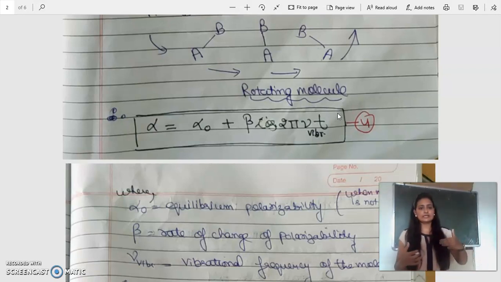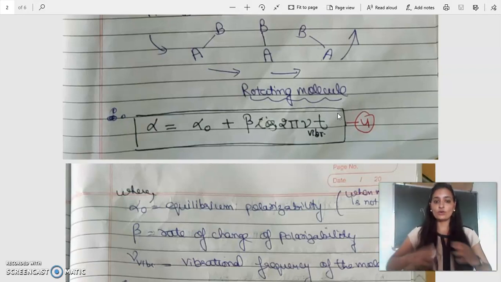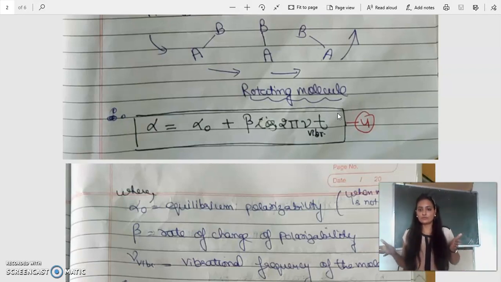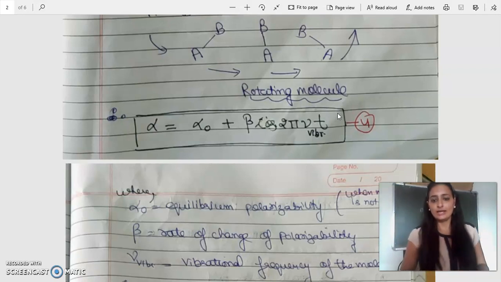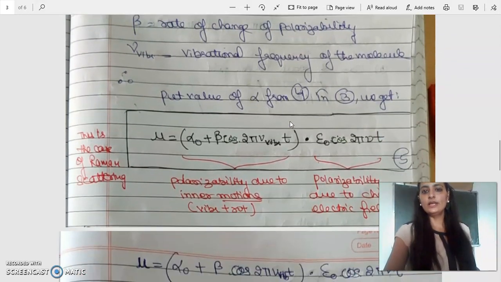As soon as the oscillating electric field hits the molecule, it starts vibrating, and that change of polarizability is given by beta. Beta tells you how readily the displacement of electrons takes place when the oscillating electric field hits the molecule. And mu vibrational, as already told, is the vibrational frequency of the molecule.